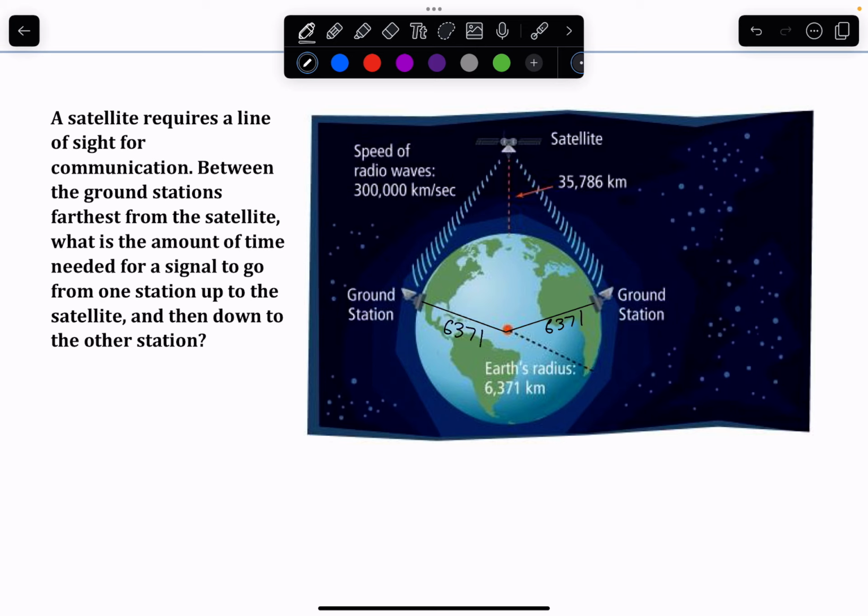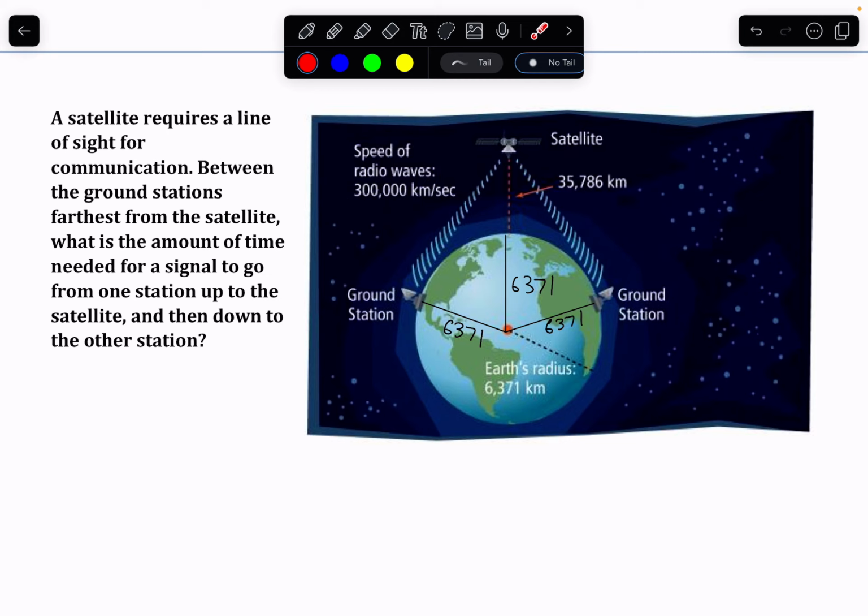We can also draw another convenient radius from the center to the line where our satellite is above the Earth, and that is another 6,371 kilometers.